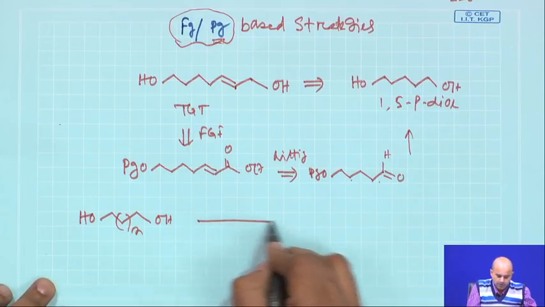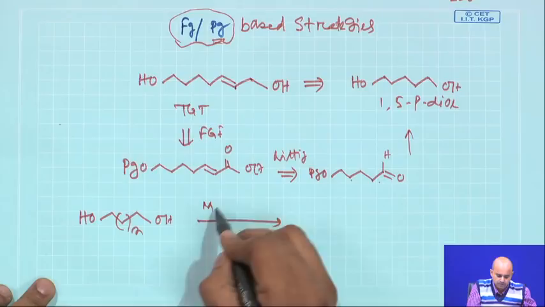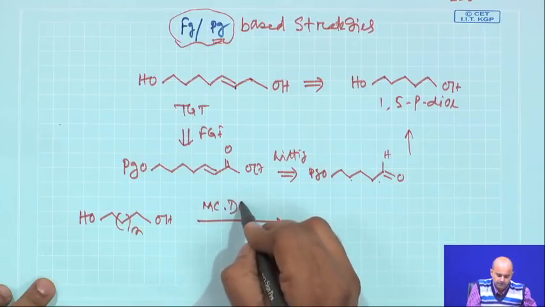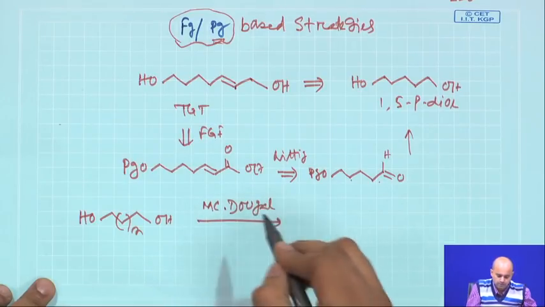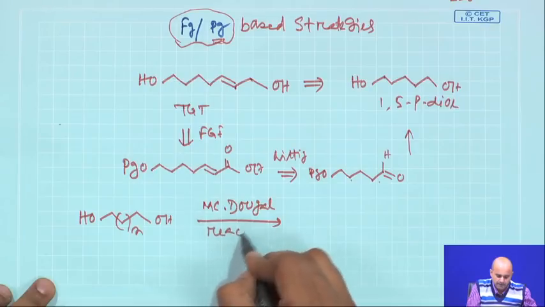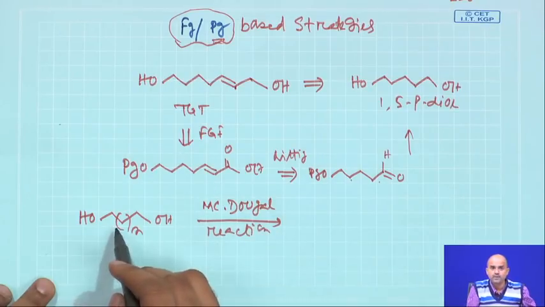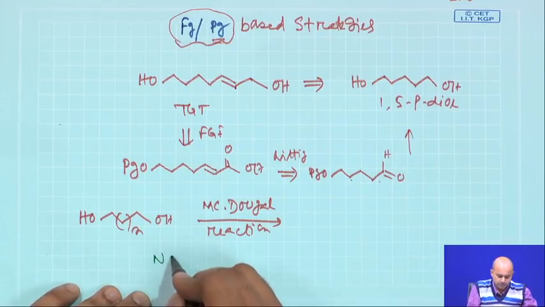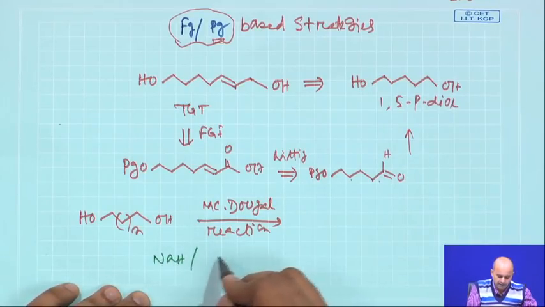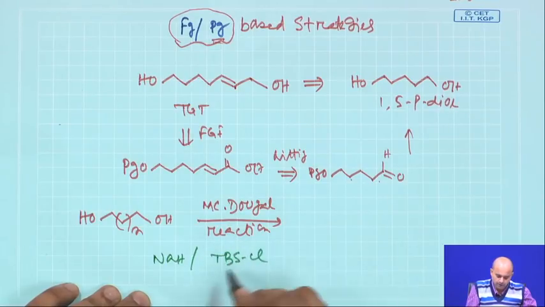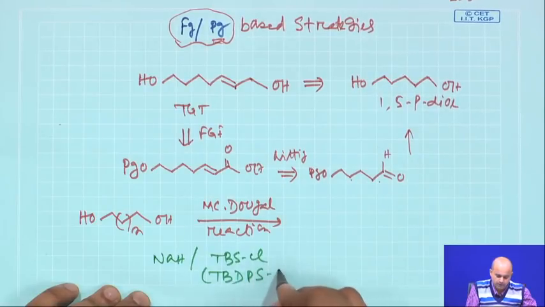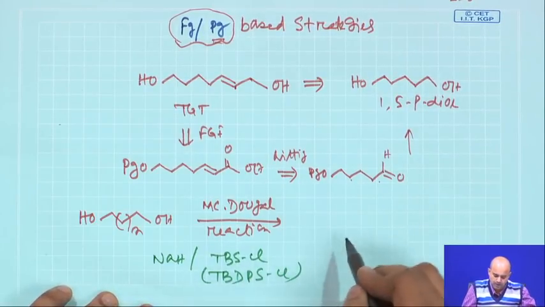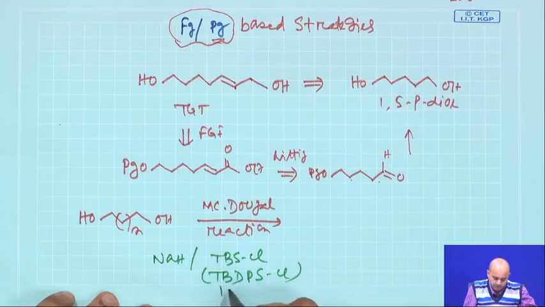Now, here we will give you a name reaction, called the McDougall reaction. The McDougall reaction says that if you have a diol, you react it with one equivalent of sodium hydride and TBS chloride. TBS chloride structure was already discussed. You can even use TBDPS chloride, it does not matter what the protecting group is. You need only one equivalent.